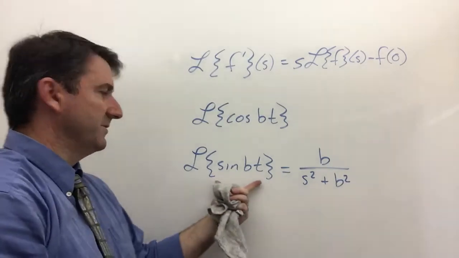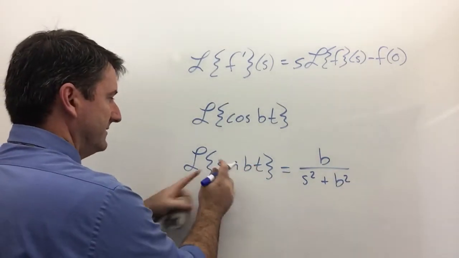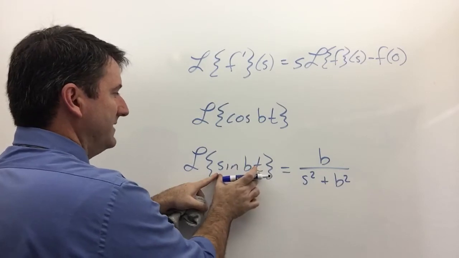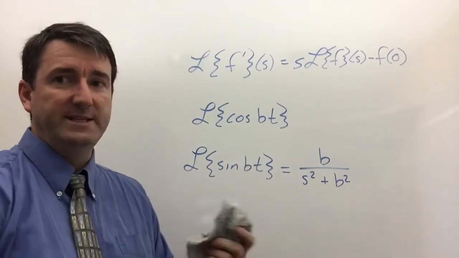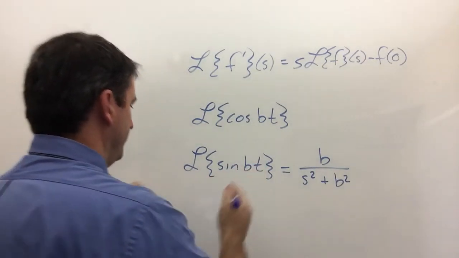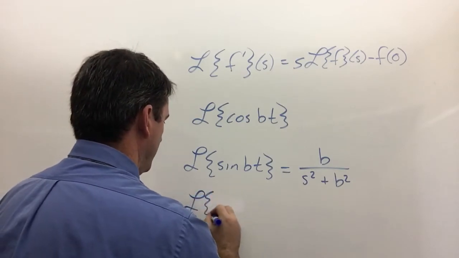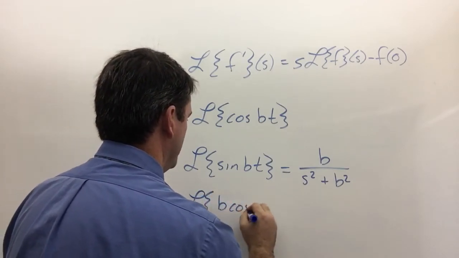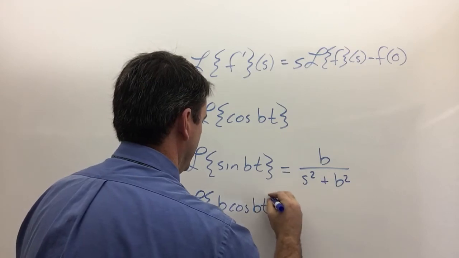And so if we set our function f of t equal to sine of bt, then the derivative of that function is b times the cosine of bt.